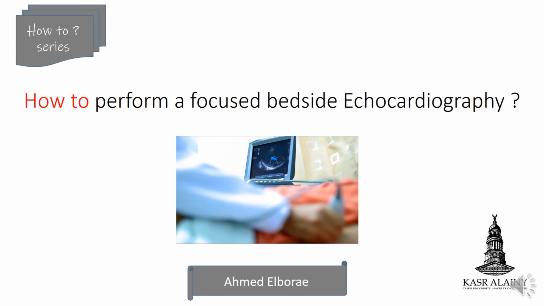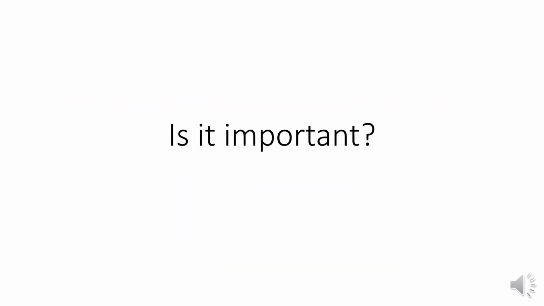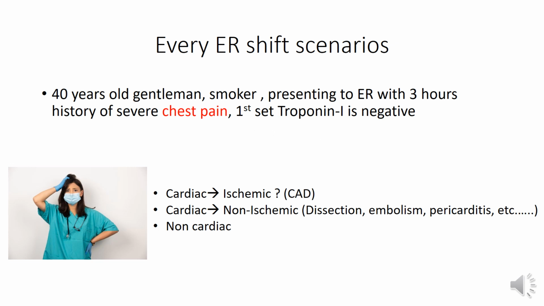Good afternoon, everyone. We will discuss today an important topic, which is how to perform a focused bedside echo. A basic question: is it important? In every emergency shift, we have this scenario of a 40-year-old gentleman smoker presenting with a 3-hour history of severe chest pain.